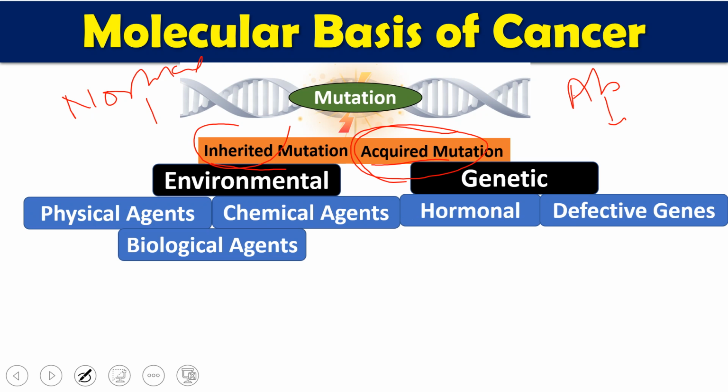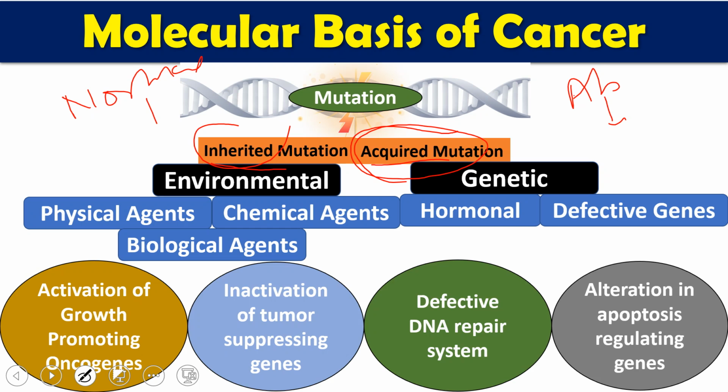Whatever the factor, they mutate and affect four important genes of our body. So ultimately, cells become irresponsive or divide abnormally.